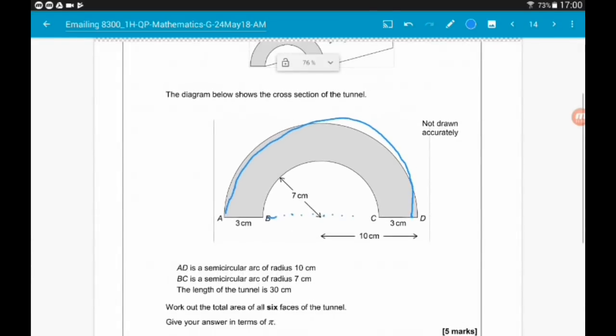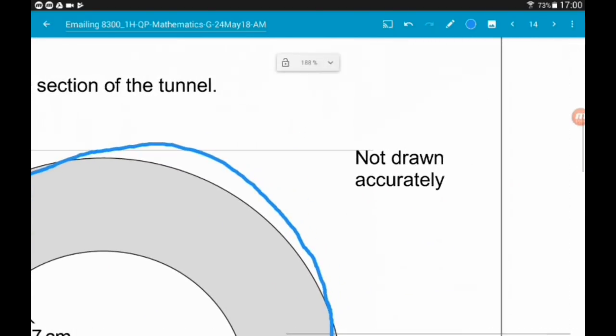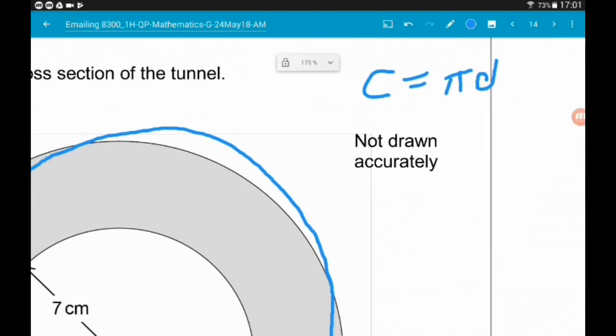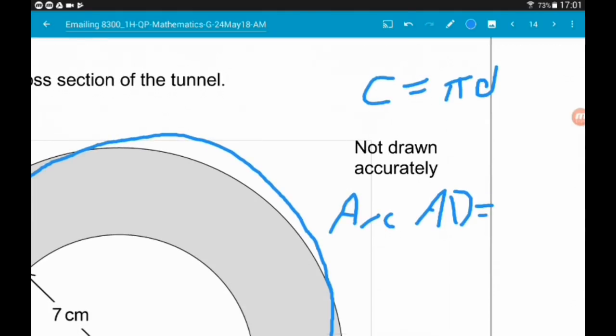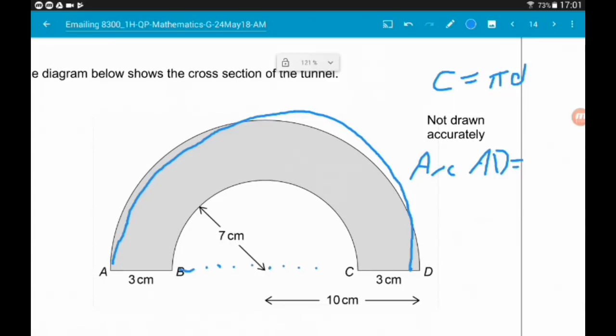So arc AD, well, first of all, let's remember the circumference of a circle is pi times diameter. So this arc AD is going to be 1/2 of, well, the diameter would be 20.